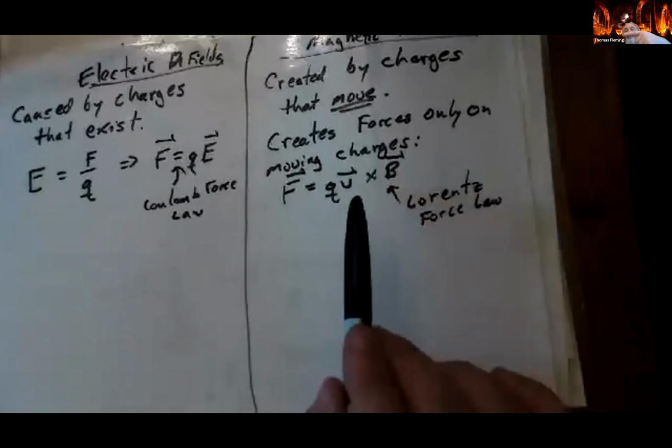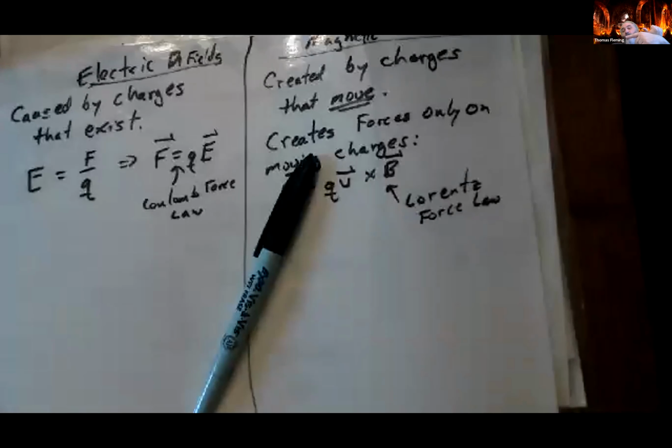So if there's a magnetic field pointing to the right and I have a charged particle traveling to the right, it won't feel any force from that magnetic field. It's going to matter what direction that charge is traveling, and to the extent that that velocity is perpendicular to the magnetic field, it will generate a force. But if it's parallel, I get nothing.